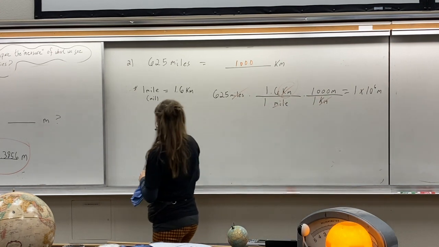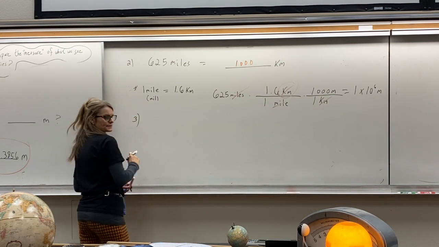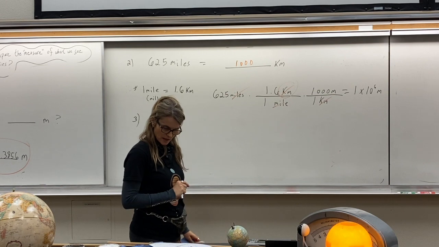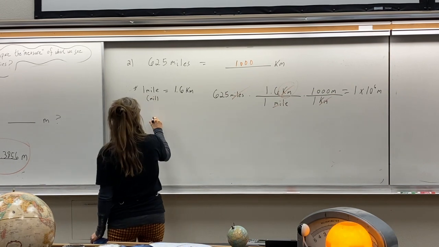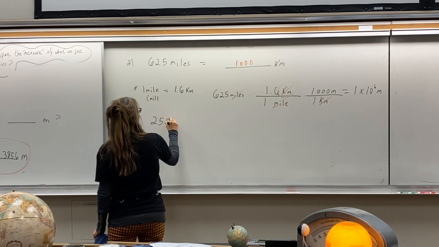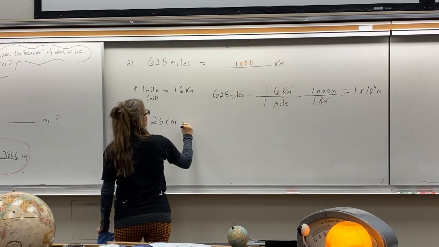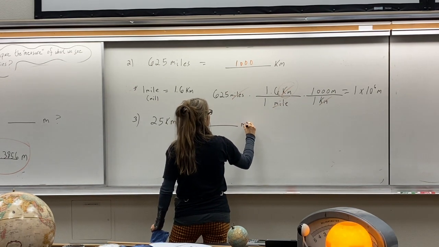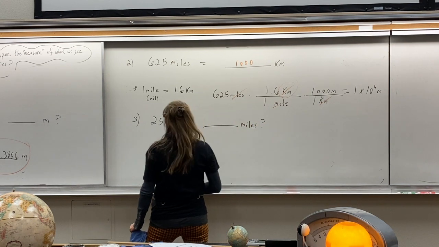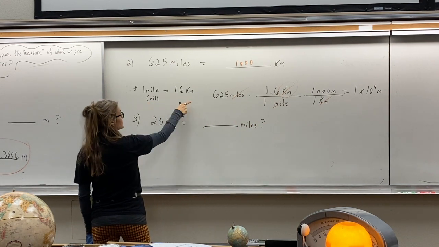Let's do another one here. Let's go from kilometers to miles. Let's say I had 25 kilometers, a typical city to city distance. How many miles is that? Again, we could use this conversion.